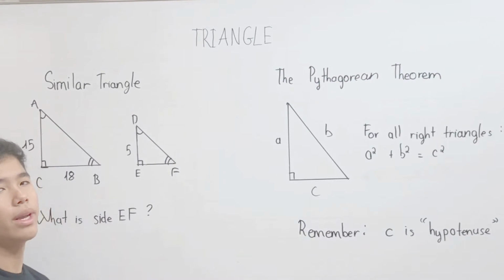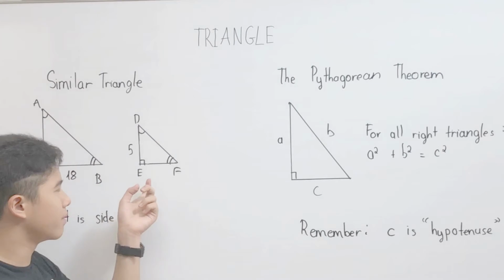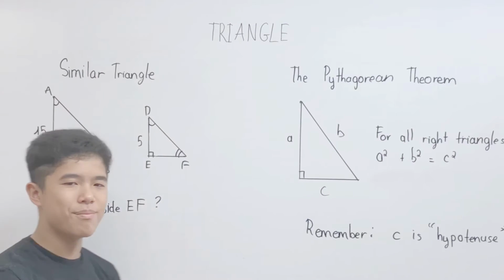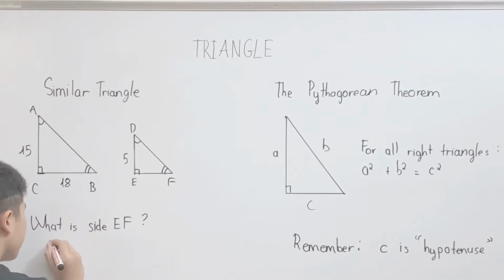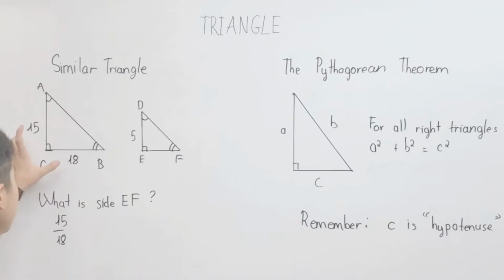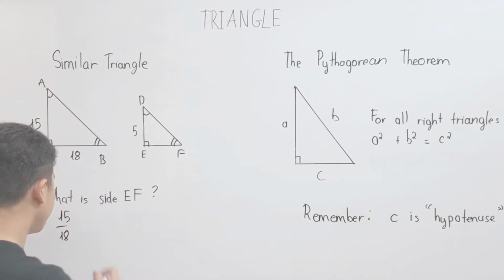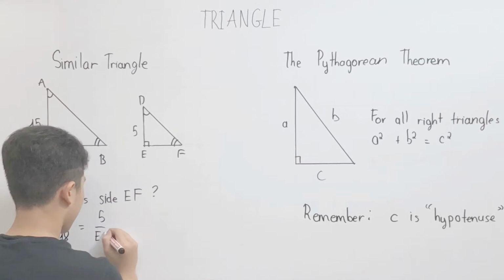They are all right triangles, so if we want to find the length of side EF, let me show you the magic of similar triangles. First, we have 15 over 18. We take 15 over 18 because they're similar triangles. We must take 5 over side EF.